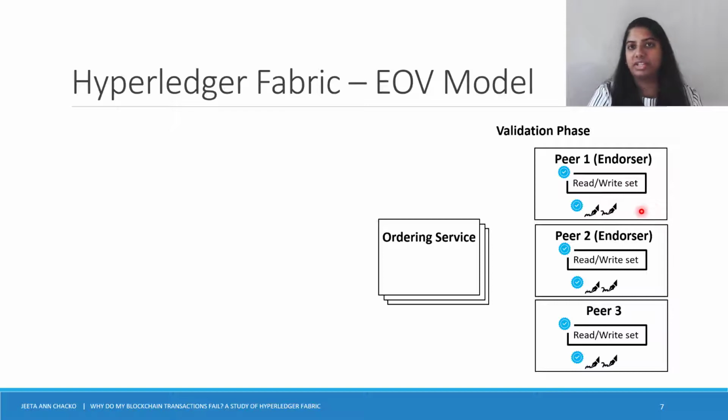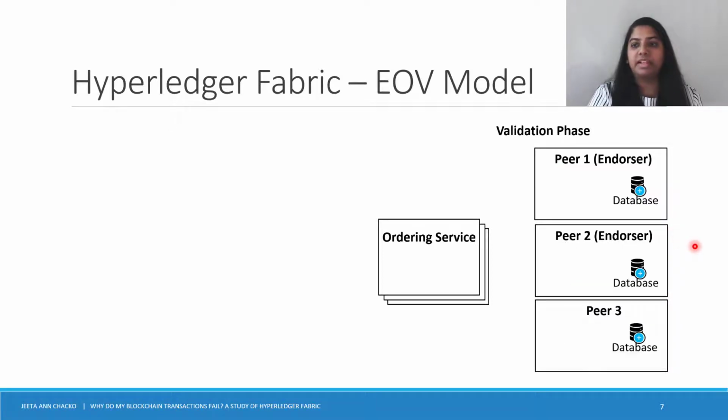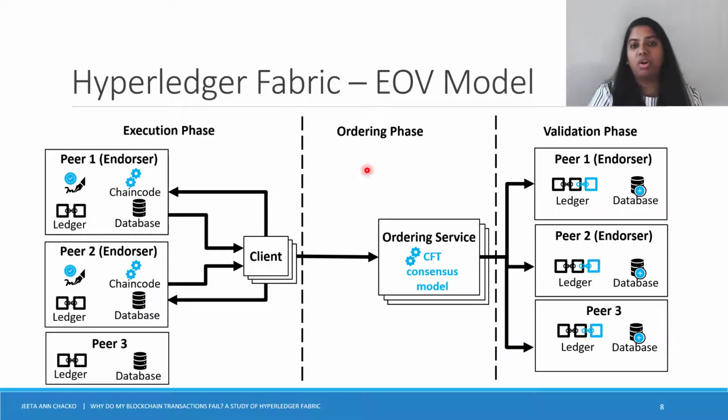If both these validations pass, then the database or the world state is updated. Also, the entire block of transactions is then appended to the ledger. So this is the execute-order-validate model that Fabric follows.